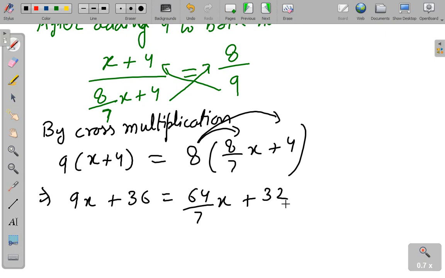Now I am going to move all the terms with x to one side of the equation, and all the constants, the numbers without any variable, to the other side. So it will be 9x minus 64/7 x is equal to 32 minus 36.